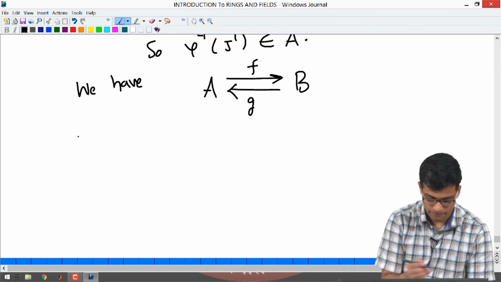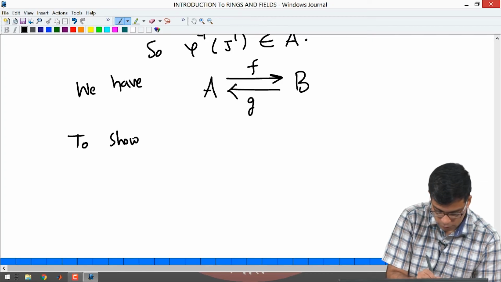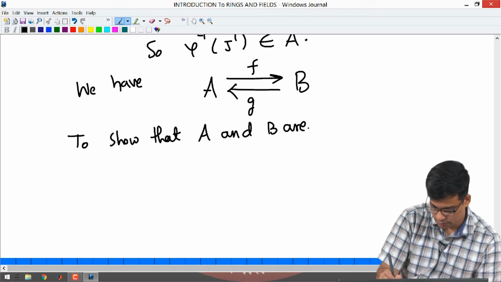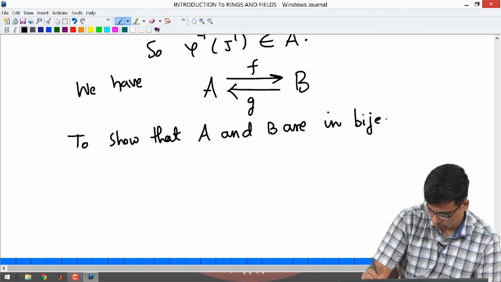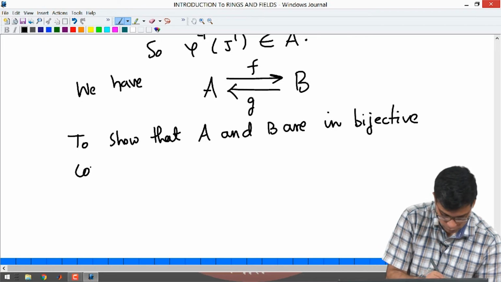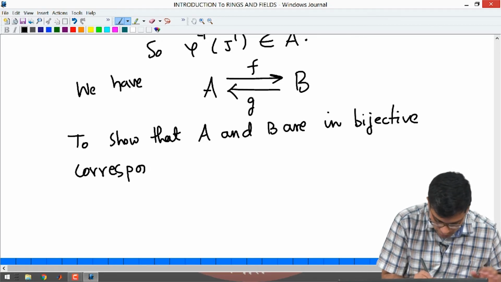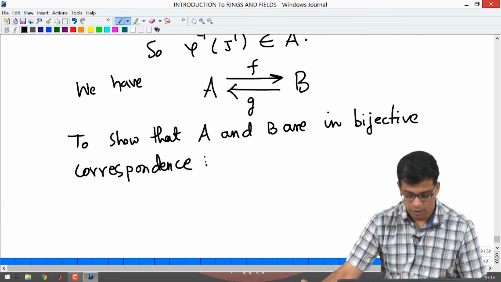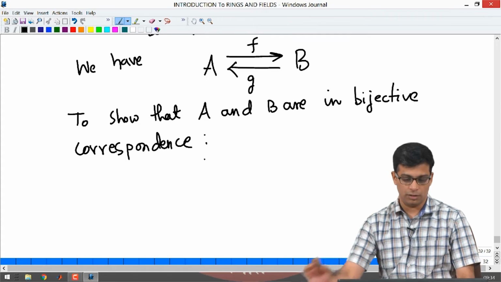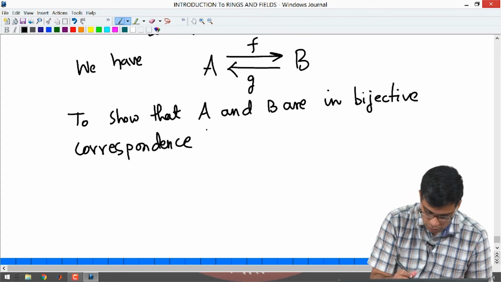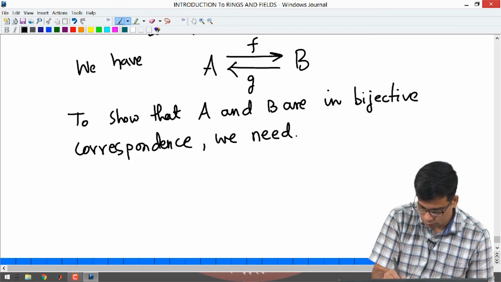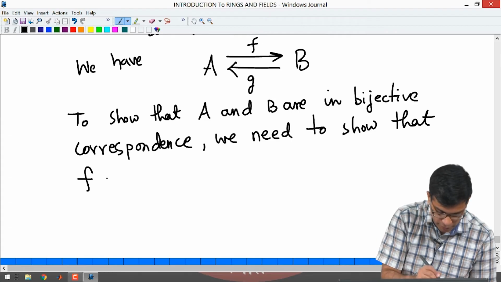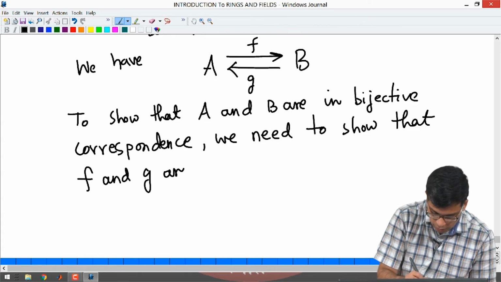To show that A and B are in bijective correspondence, it is of course not enough to produce two functions. We need to show that f and g are inverses of each other.